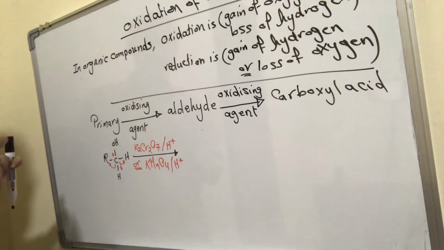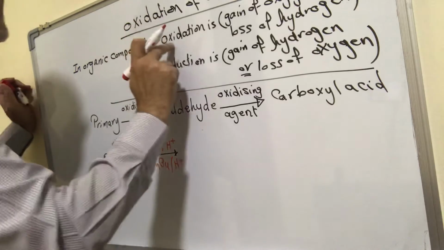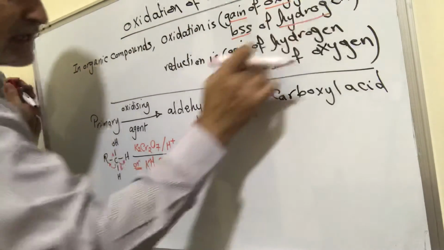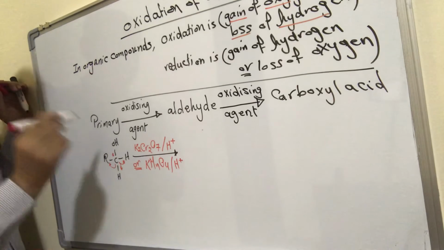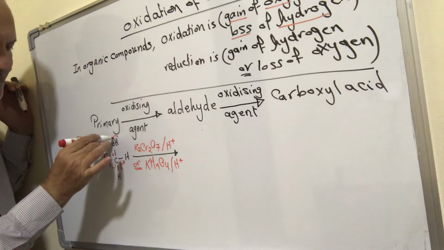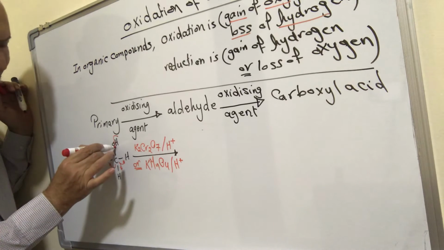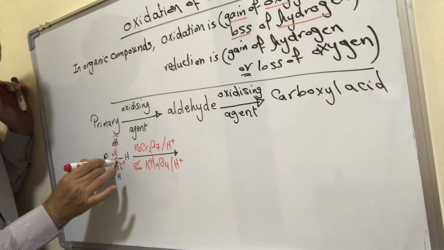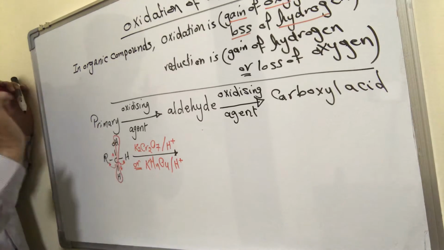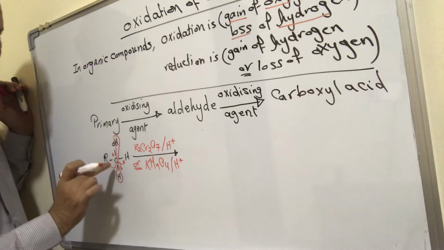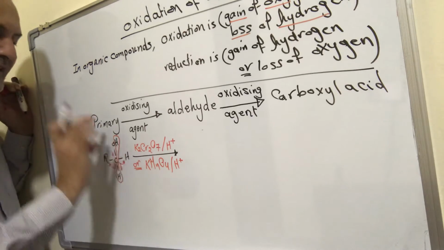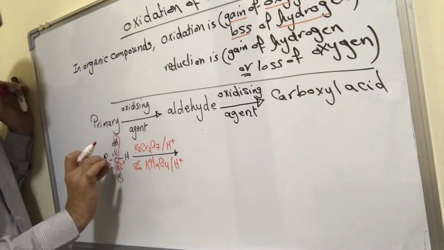In this case, where is the oxidation? We said that the oxidation is either gain of oxygen or loss of hydrogen. Here the oxidation happens by losing hydrogen. Which two hydrogens are lost? One of them is the OH hydrogen, and the other is one hydrogen from the same carbon atom. Look carefully. It is very important to know that the hydrogen to be lost is from the same carbon atom.